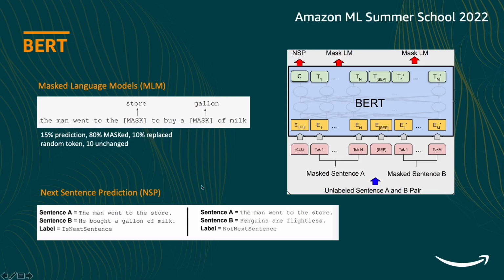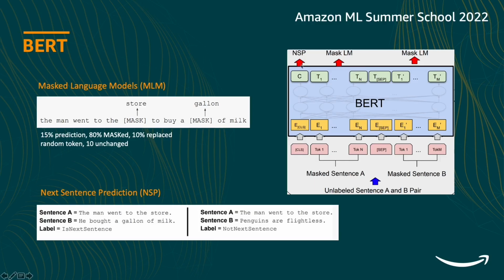So these are the tasks that are used for training the BERT model, and this is the whole architecture. The first one is a special token called the CLS token, and this is followed by our two sentences, which are separated by another special token called the separator token.